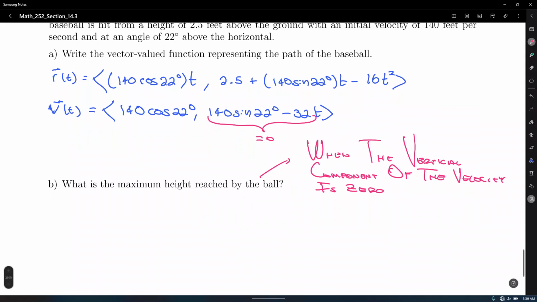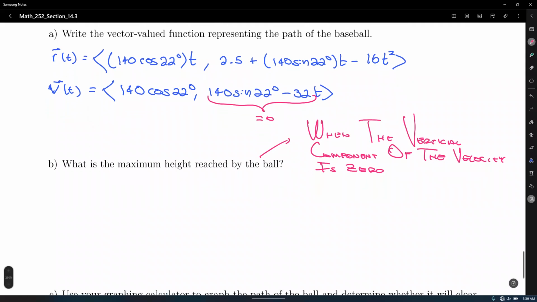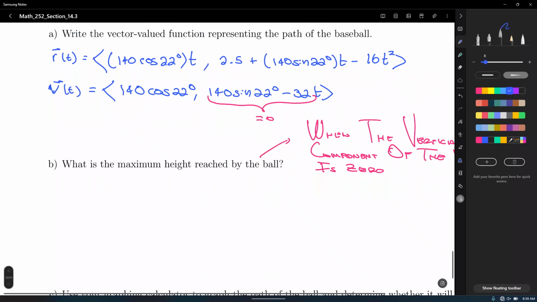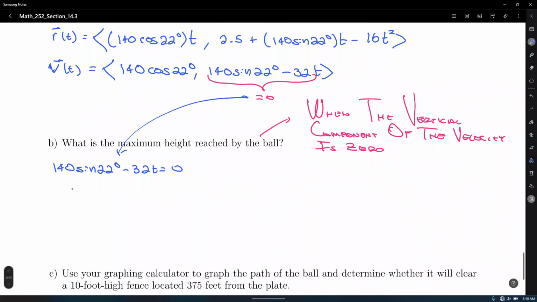They're asking us for the maximum height, but we need to find out when first before getting that height. So we're going to set 140 sine 22 degrees minus 32t equals 0. Let me solve this linear equation.